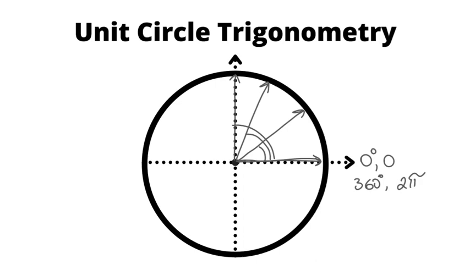So the first one, for example, could be 30 degrees or pi over 6 radians. This one, 2/3 of 90, will be 60 degrees, or pi over 3 radians. The right angle is 90 degrees, or pi over 2 radians.